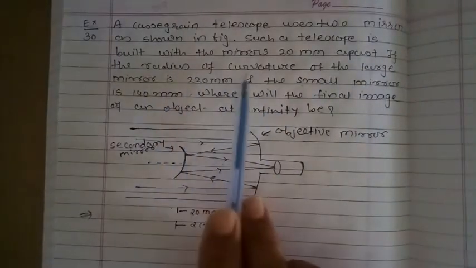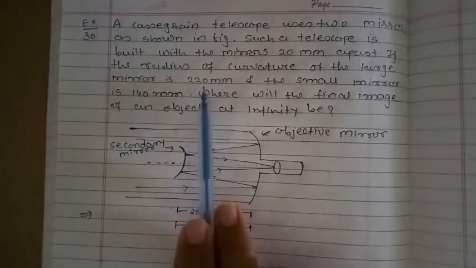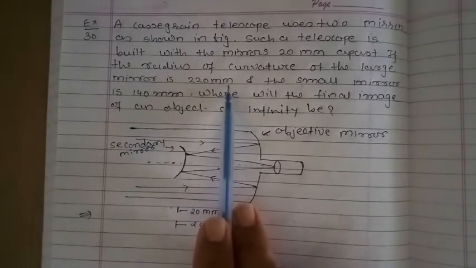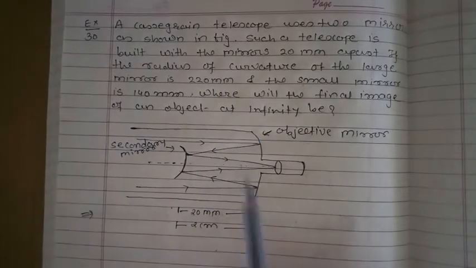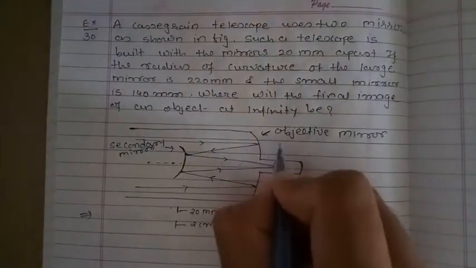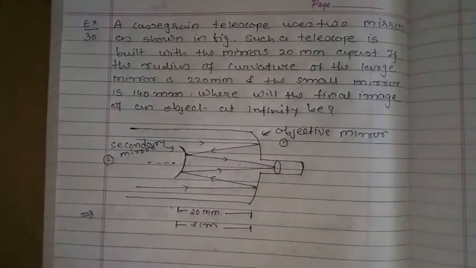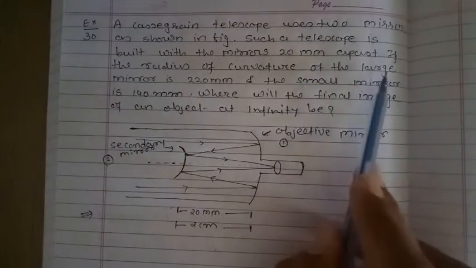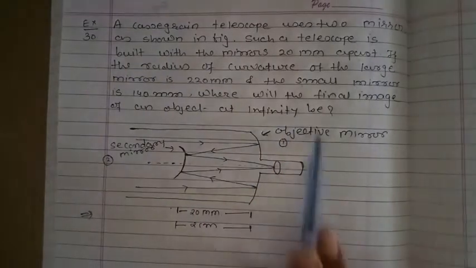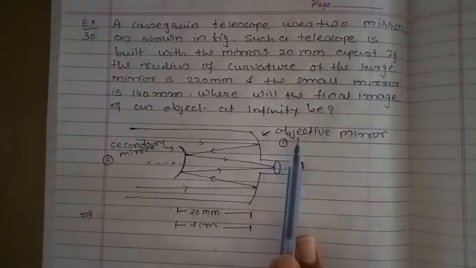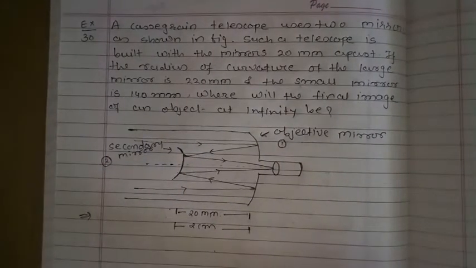If the radius of curvature of the large mirror is 220 mm. So this is our first mirror, the objective mirror, and this is our secondary mirror, number 2. The radius of curvature of this large mirror, or objective mirror, is 220 mm.